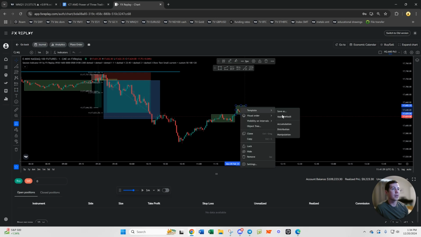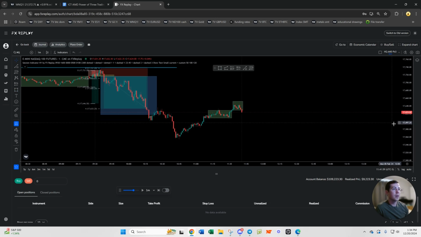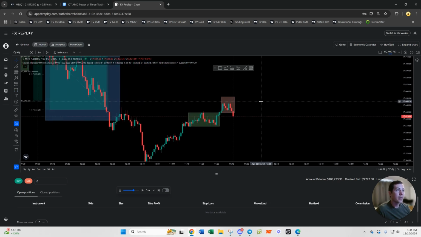which I'll mark out with the manipulation. Do we have a fair value gap in here? We have one, but it's pretty high up here. The rule of thumb I would say for using inverse fair value gaps is you want price to close back inside the accumulation zone.